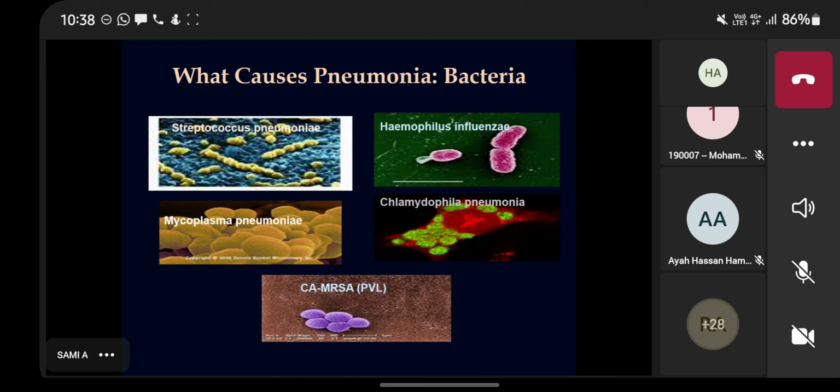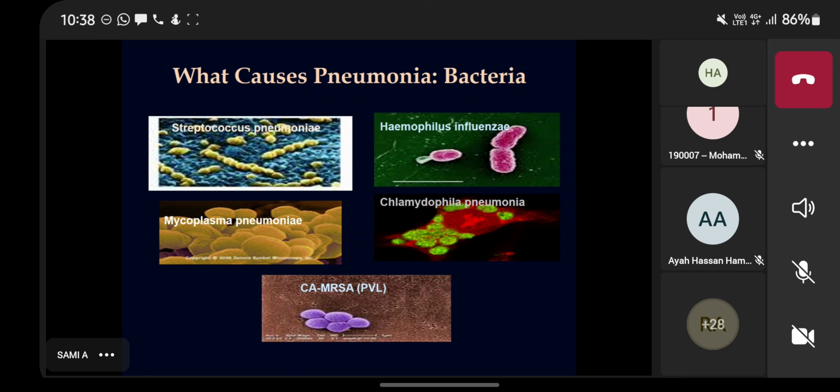For instance, in Saudi Arabia, we don't see any Haemophilus type B because the vaccine is part of our national immunization. However, in certain Arab countries or some countries in Africa, they still see some cases because the vaccine is only offered in private, not for the entire population.